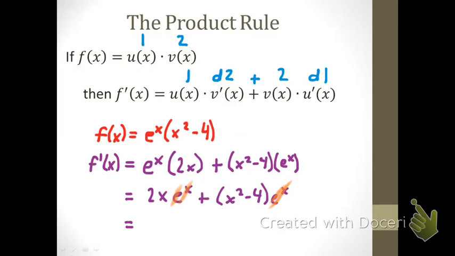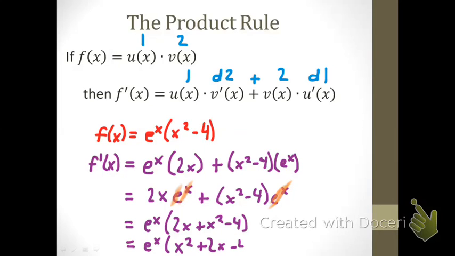And so we could write this as e to the x power times 2x plus x squared minus 4. And then you can just go ahead and simplify whatever is in the parentheses if it's possible, after you factor out the like term. I would, in this case, not really be able to simplify anything, but I could rewrite it in descending order, that polynomial, e to the x power times x squared plus 2x minus 4.